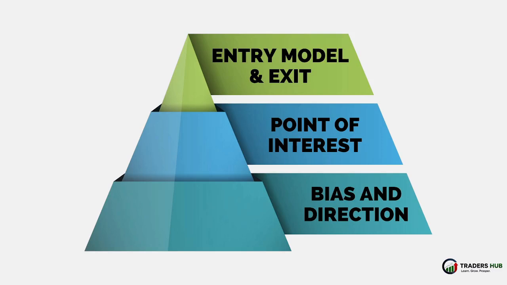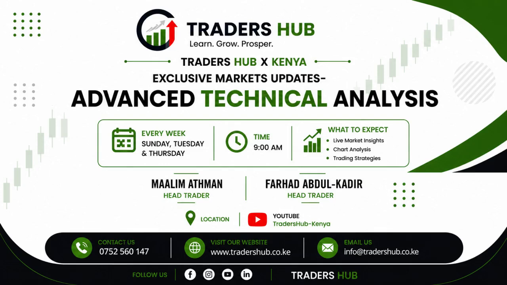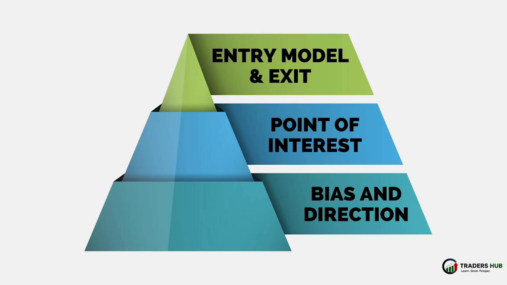I think we can see the pyramid and the hierarchy of trading. At the bottom of technical analysis is bias and direction. We usually identify the direction in which the price is trending, or the general bias.